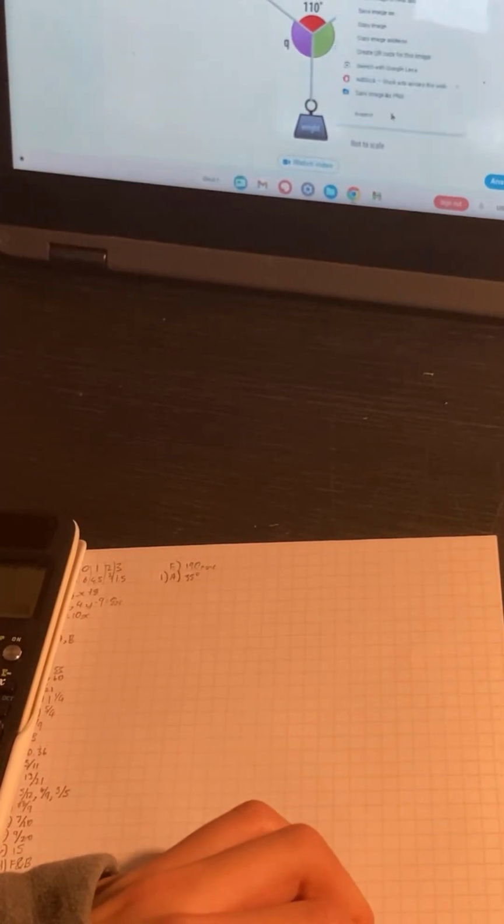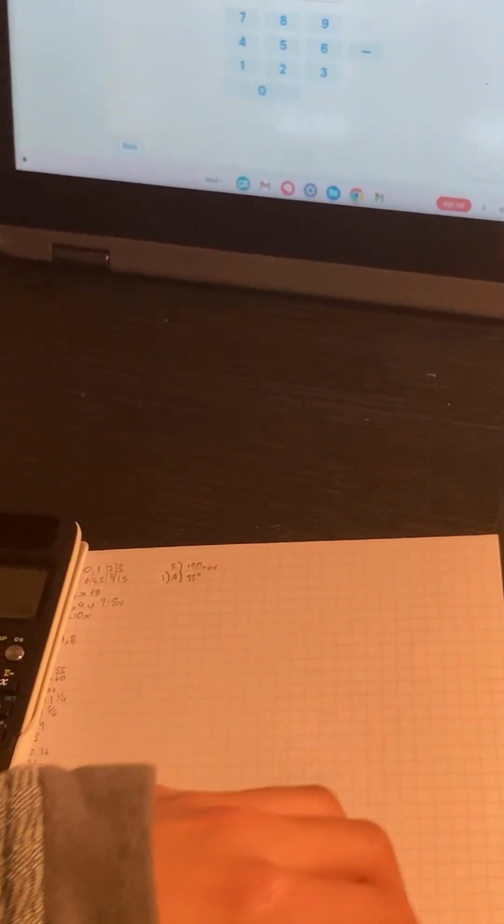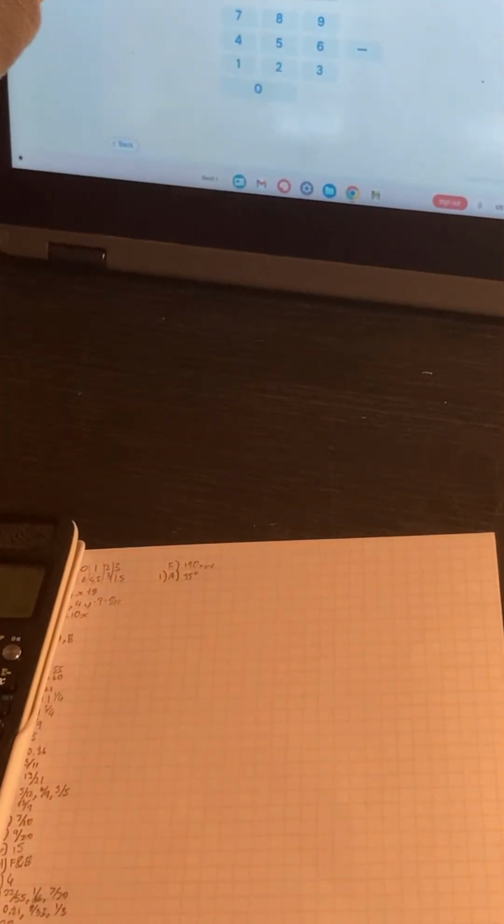Degrees. Oh, my mouse isn't connected. There we go. Interesting.